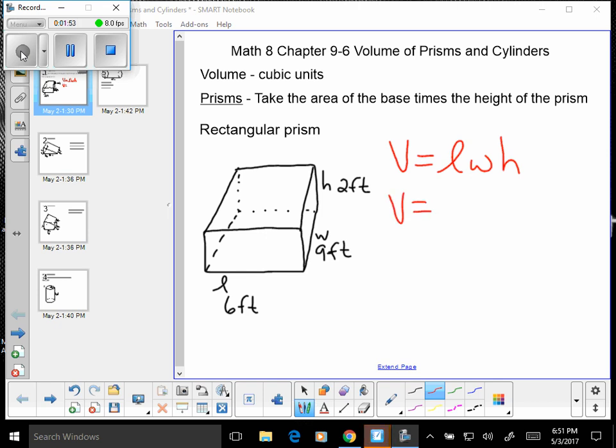So for this one, we're going to take 6 times 9 times 2. Now, we simply put that into our calculator if we have to, although this one you really don't have to, because it's 54 times 2, which is going to be 108. Now remember, it's volume, so my exponent on my label is going to be cubic.